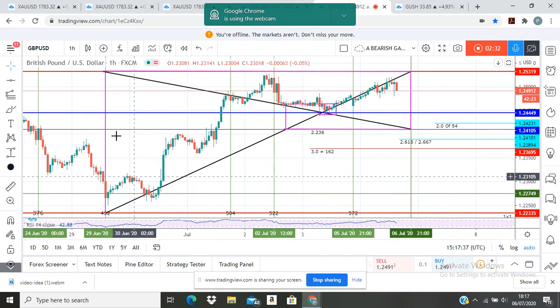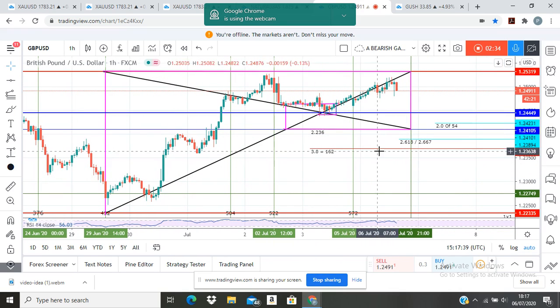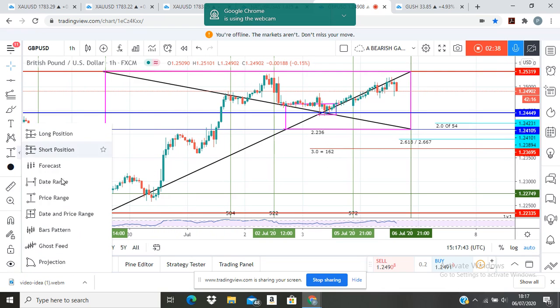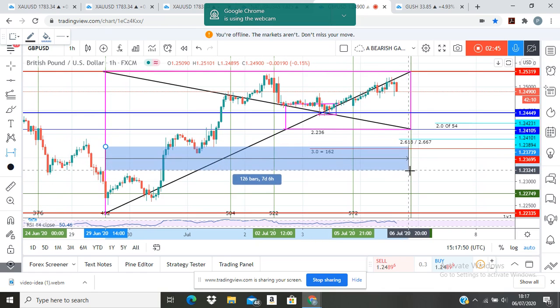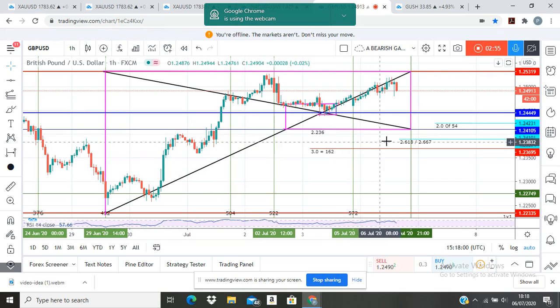So this spiral, actually we said, is a small spiral on the hourly time frame, which spans, measured from here to there, a total of 7 days and 7 hours.